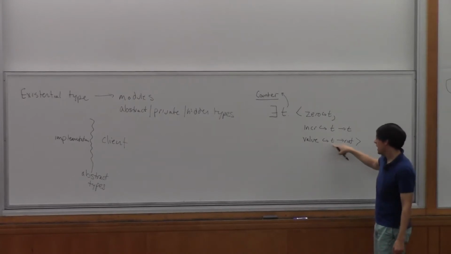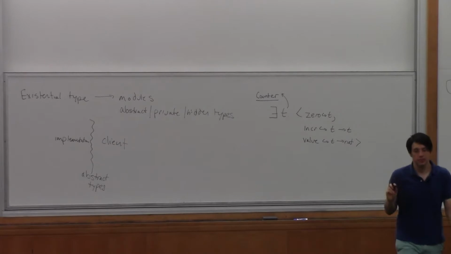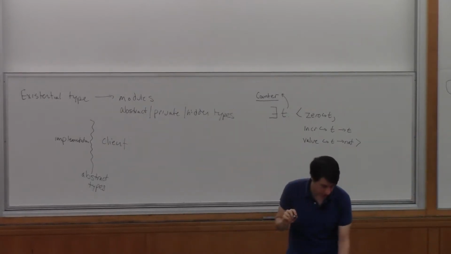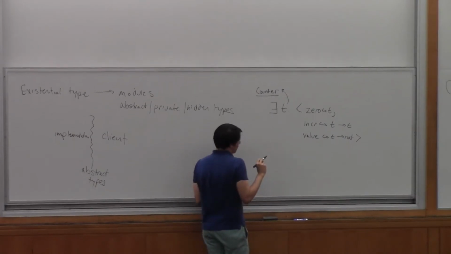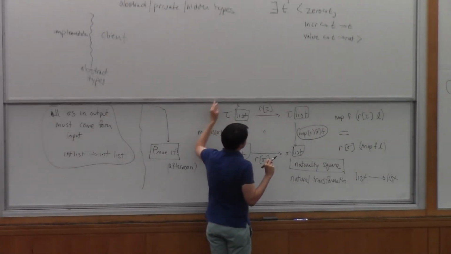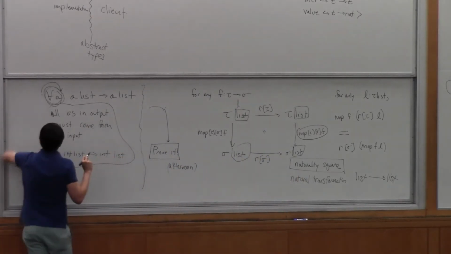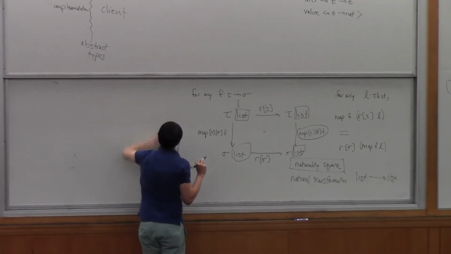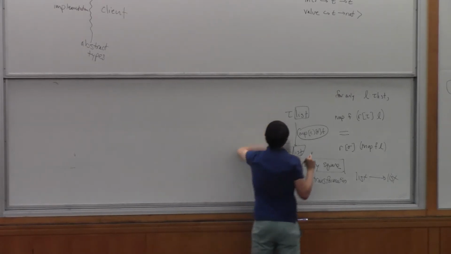And then you can ask for the counter's value and say, please tell me what the current value of the counter is right now. Okay? So this is really a very baby abstract data type, but it's enough to kind of introduce the ideas that we want to introduce. So here are two implementations of this abstraction.